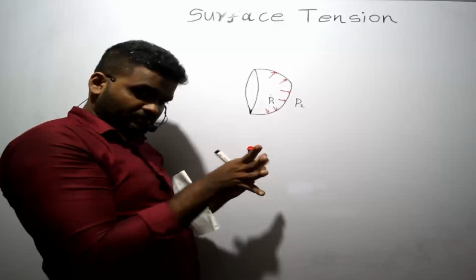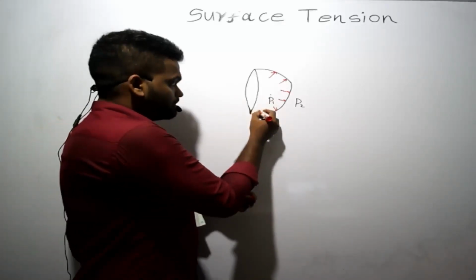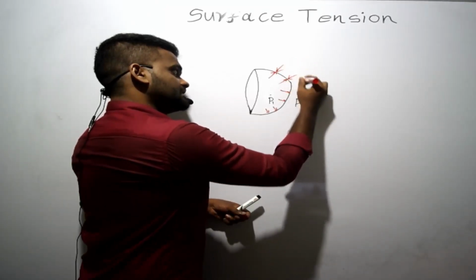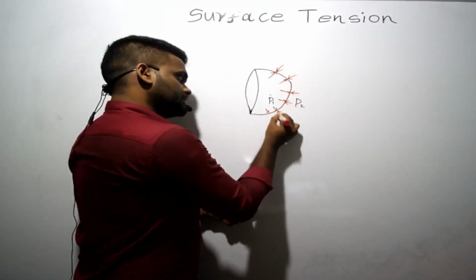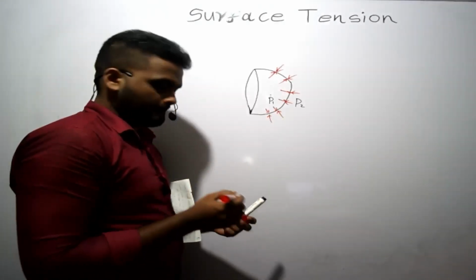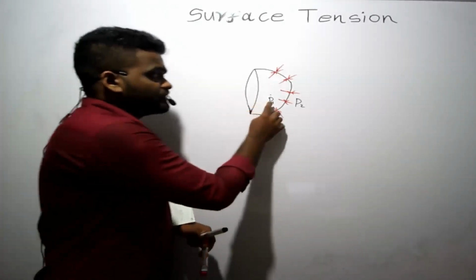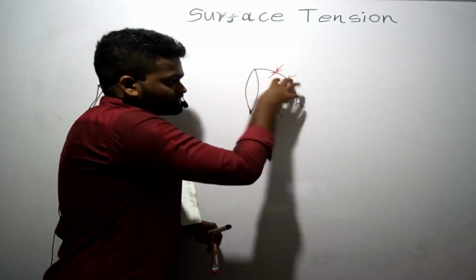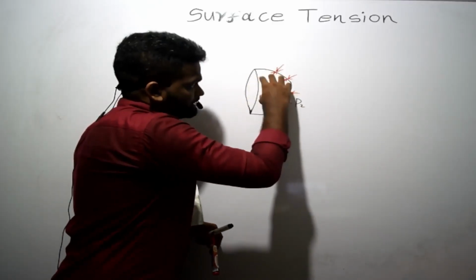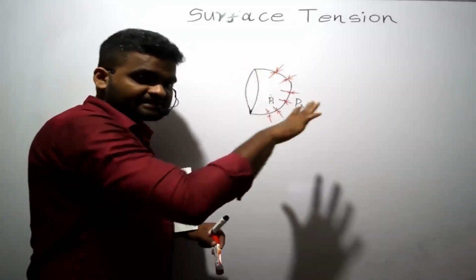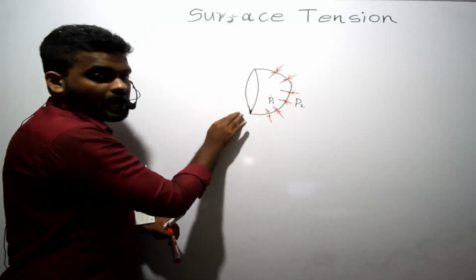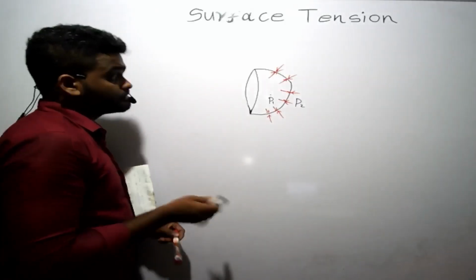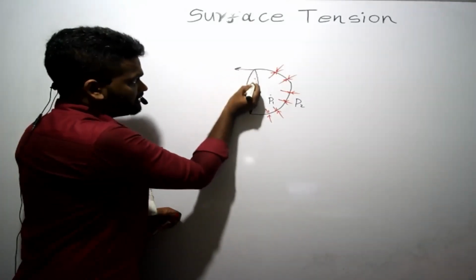External pressure also acts perpendicular from the other side. P1 is higher, P2 is less, so it is not balanced and could be pushed to this side. But it is balanced by the other half of the sphere, meaning by the surface tension forces caused by the other half.